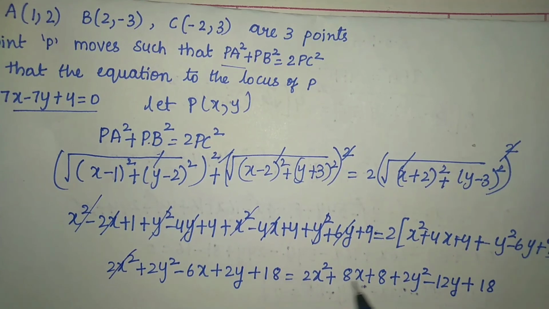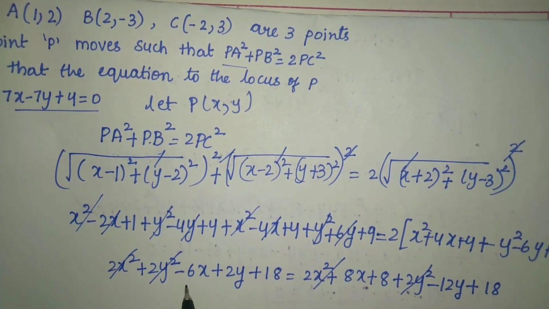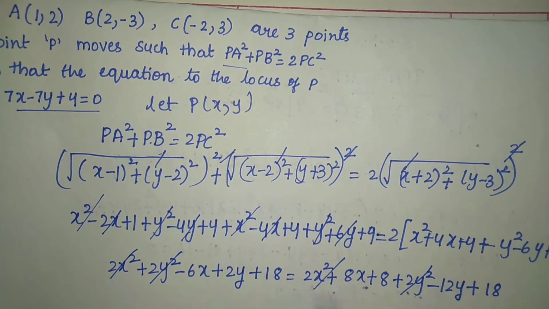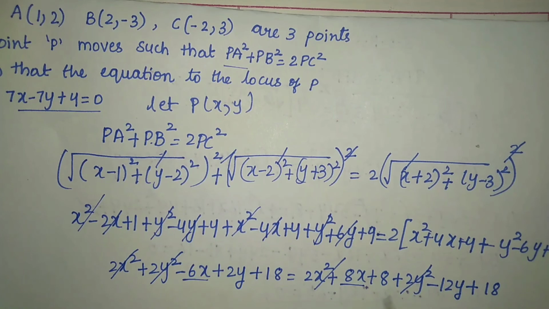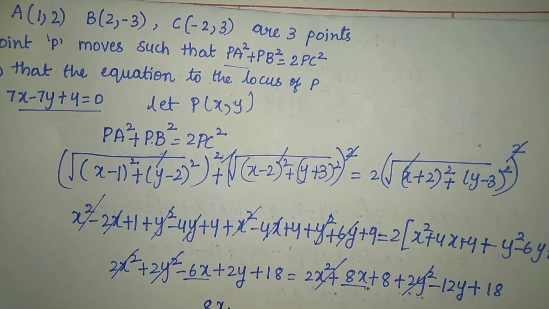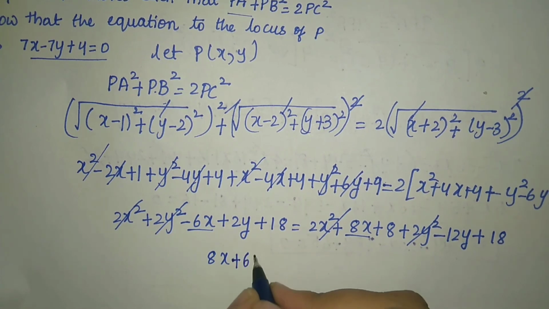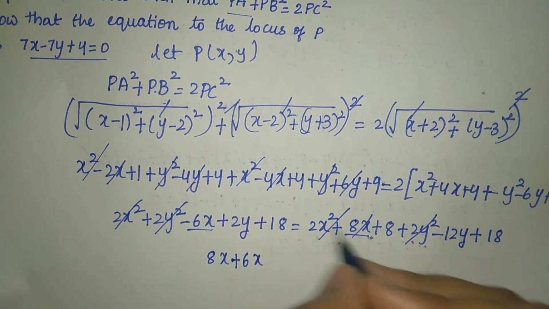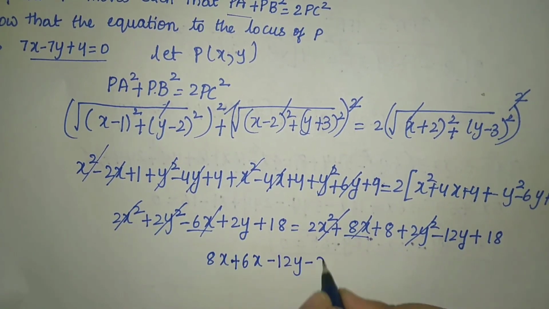So 2x square will cancel, 2y square will cancel, and here we have 8x plus 6x, take this to that side, and minus 12y minus 2y.